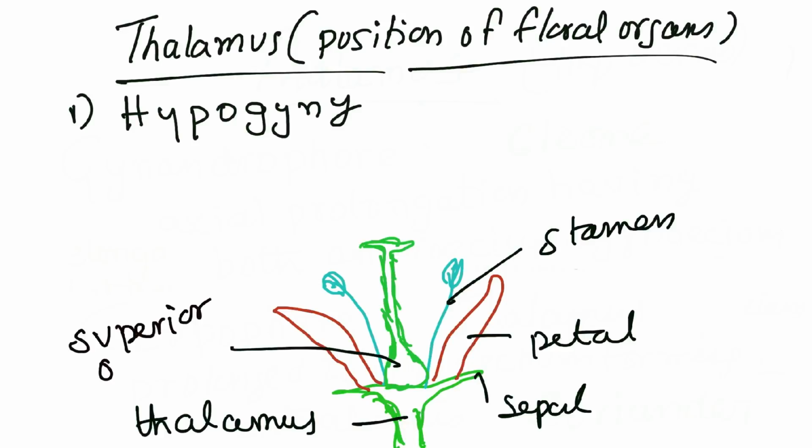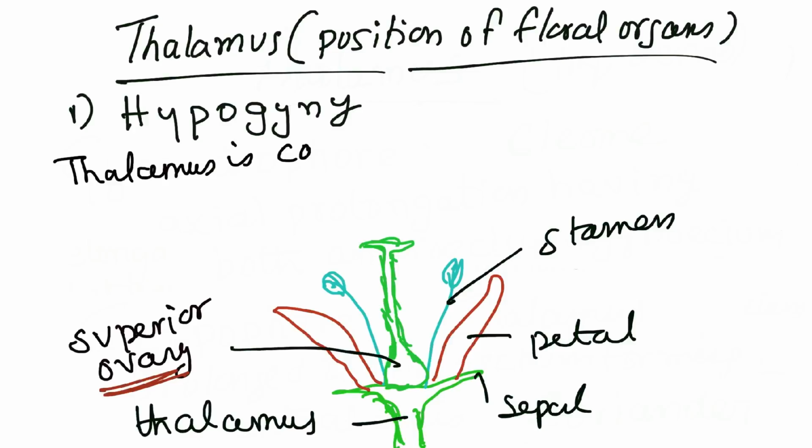That's the key point. That's why in this case we are calling it a superior ovary. So note the point, superior ovary is a key point about hypogyny. And of course the thalamus is usually convex or conical.